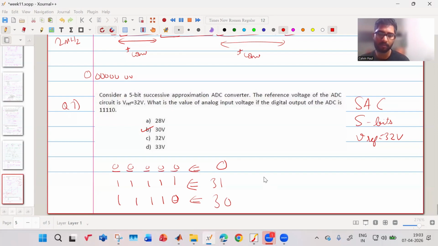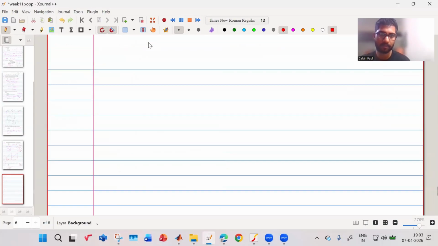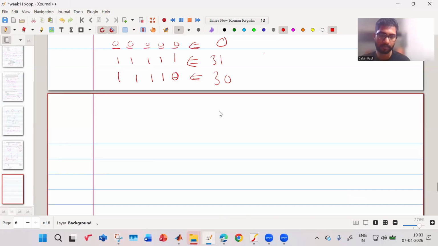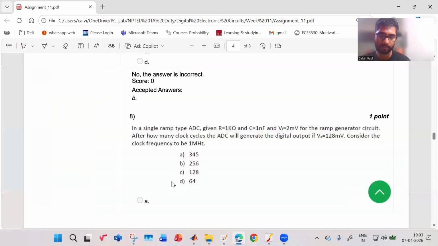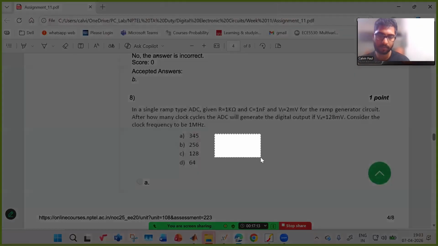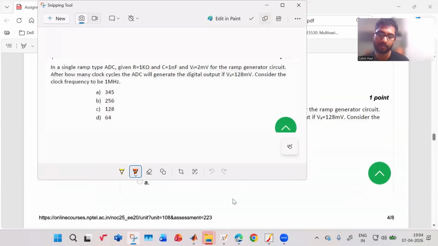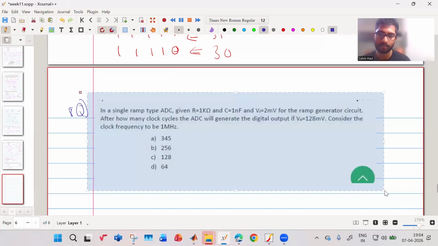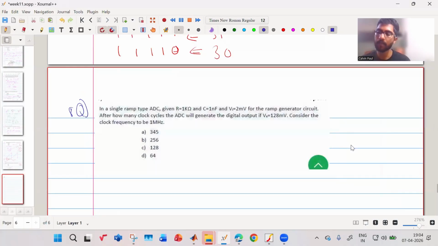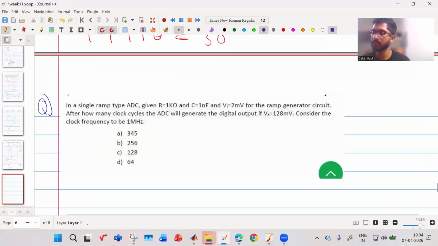Next question. We have a single ramp type ADC, where R is 1 kilo ohm, C is 1 nanofarad, and VI is 1 millivolt.